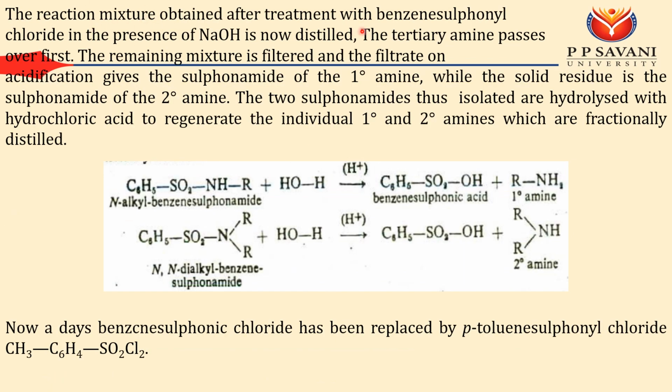The mixture obtained after treatment with benzene sulfonyl chloride in the presence of NaOH is then distilled. The sulfonamide is then hydrolyzed, and once you do hydrolysis you get your primary or secondary amine again. Nowadays people are not using benzene sulfonyl chloride; it has been replaced by para-toluene sulfonyl chloride.